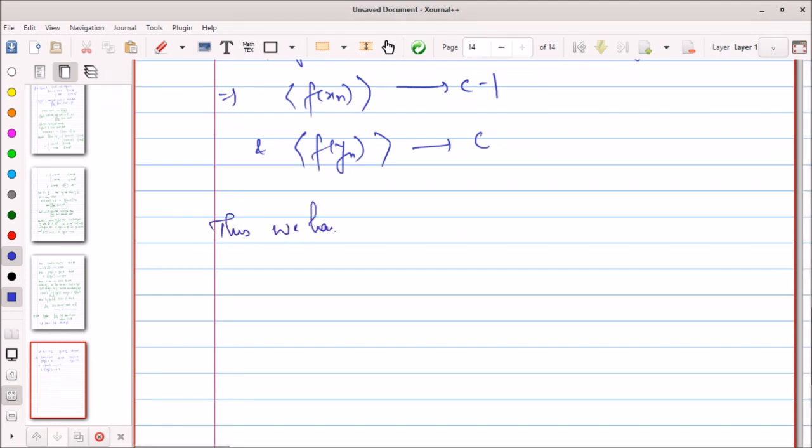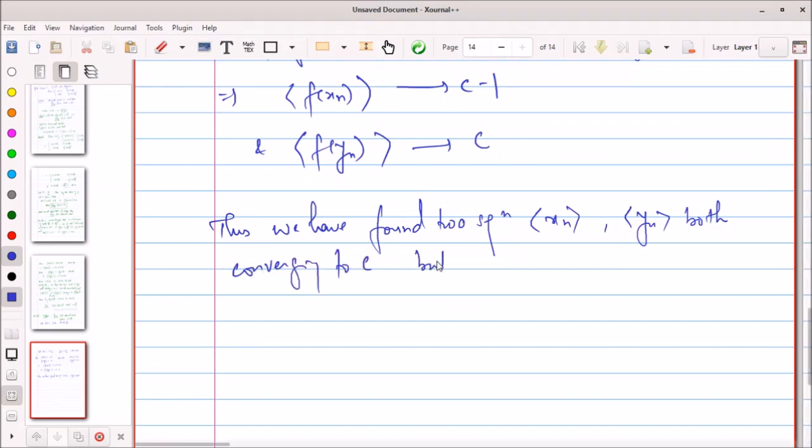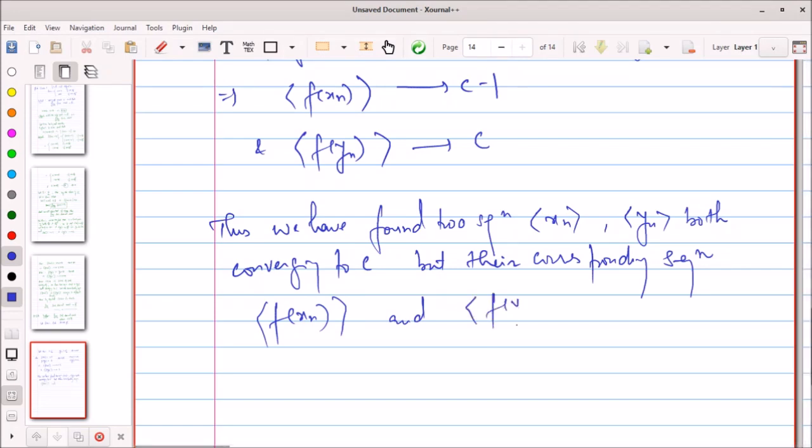Thus we have found two sequences xn and yn both converging to c, but their corresponding sequences f of xn and f of yn converge to different limits.